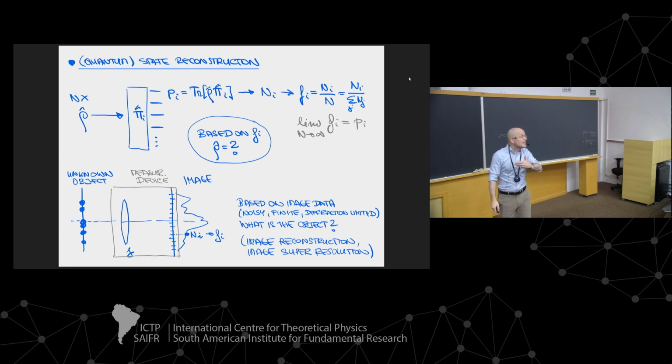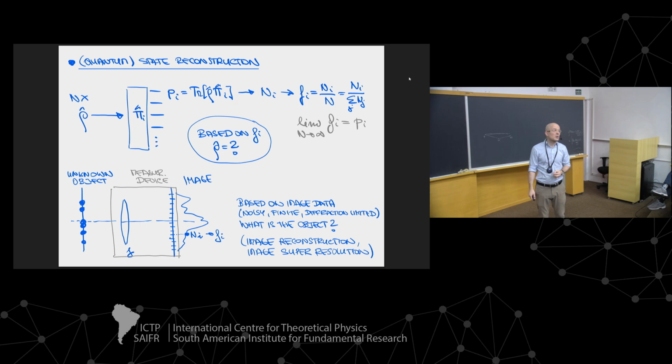And finally, there is quantum state estimation, or I prefer the name quantum state reconstruction to distinguish it from the estimation of a parameter. Of course, there is a gray area between these protocols.